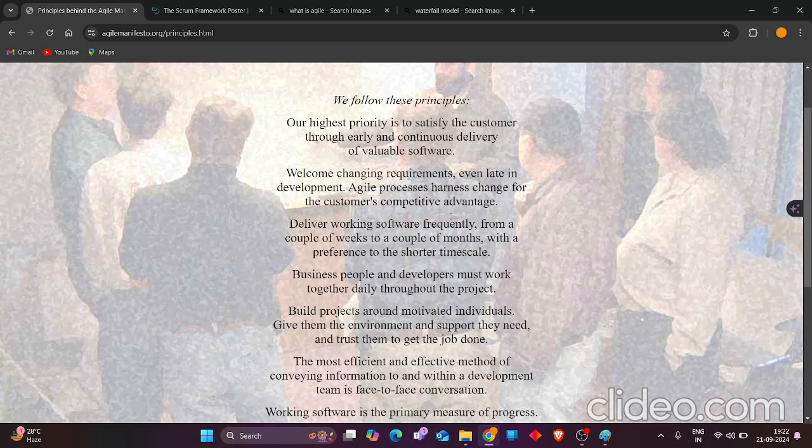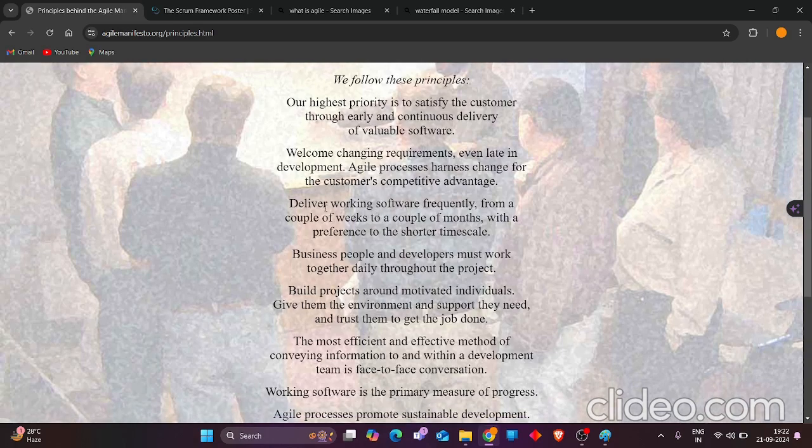They should take it as a challenge, and we should make it happen. Third: deliver working software frequently, from a couple of weeks to a couple of months, with a preference to the shorter time scale.